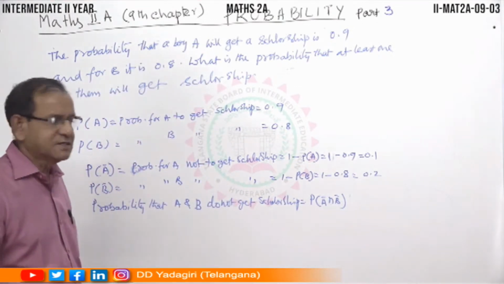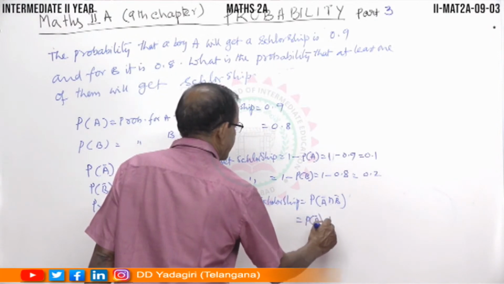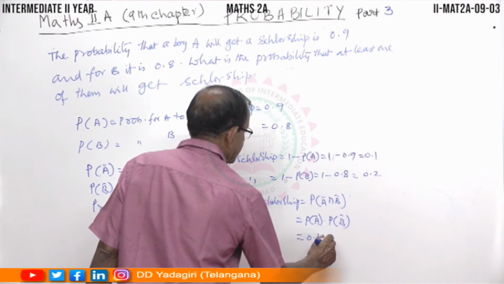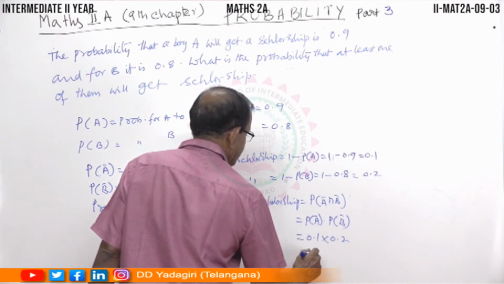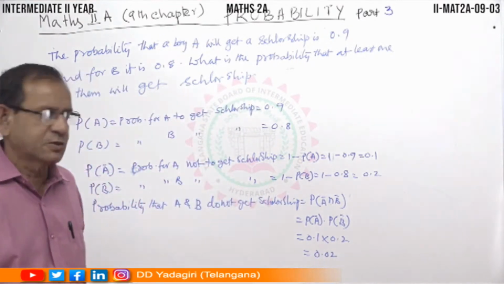Because they are independent events, you can write it as P of A bar into P of B bar. So that is 0.1 into 0.2, that is 0.02.